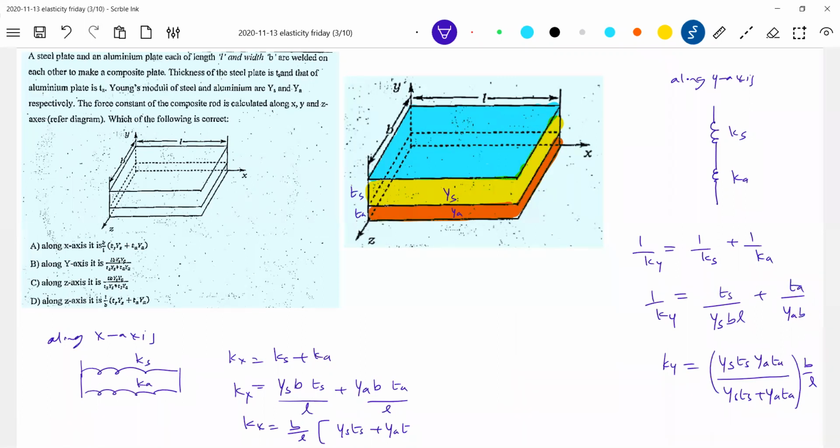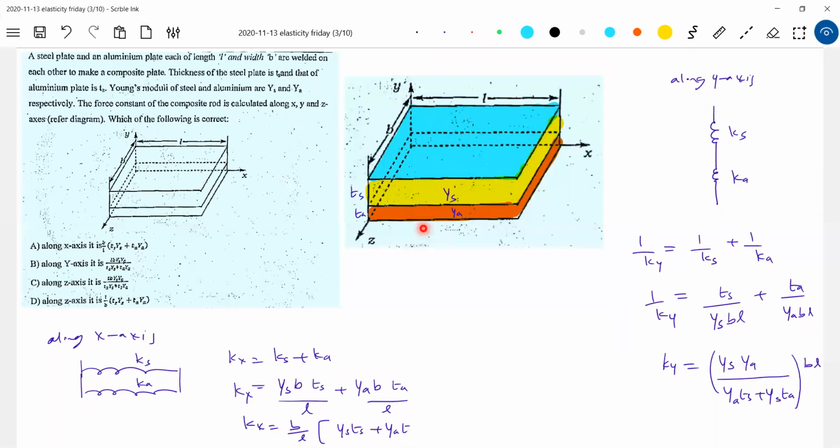It should be like this. So this should be Ys, Ya, BL will be outside. So Ya Ts, Ys Ta. Check. I made a correction because for the area for y-axis, the blue color will be the shaded area.